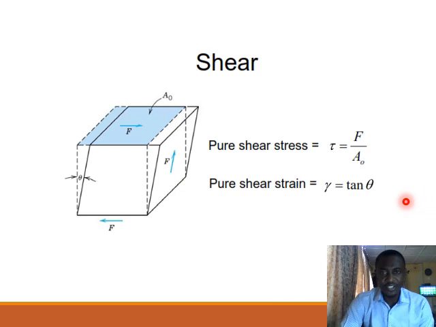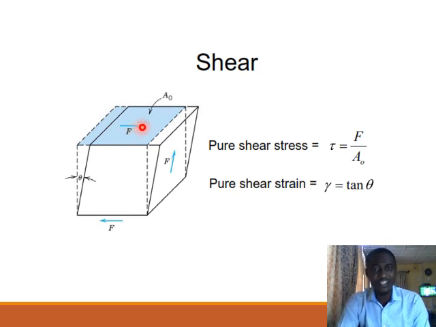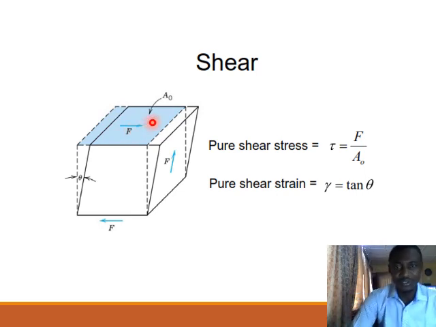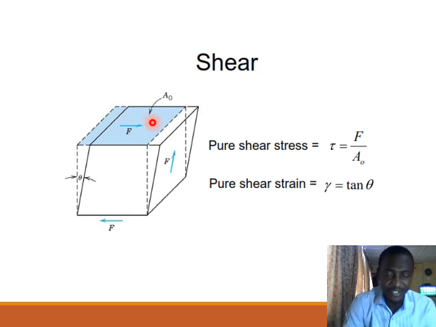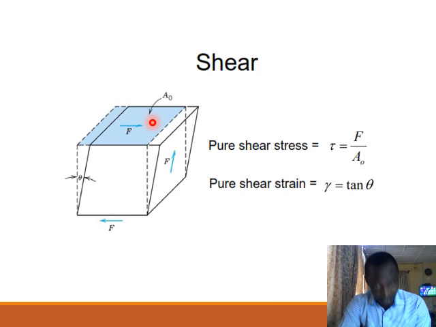For shear stress, we are going to look at pure shear stress. In this case, you have the same mathematical equation to calculate the pure shear stress, which is still force by the original area. The area here is this shaded area, and then the applied force. You will understand here that the difference between shear and the compressive or tension is the relationship between the direction of the normal of the surface and the direction of the applied force.